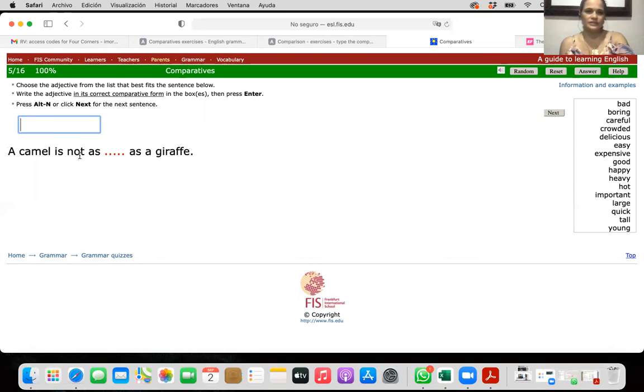A camel is not as blank as a giraffe. Maybe let's try as tall. But this one, we're going to see on Friday. The as, adjective, as.